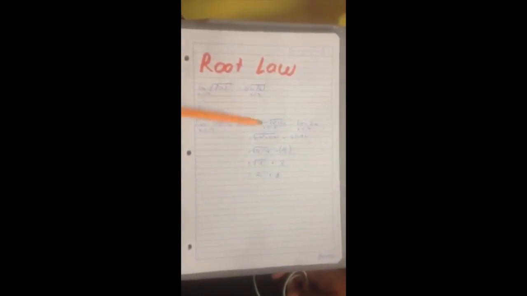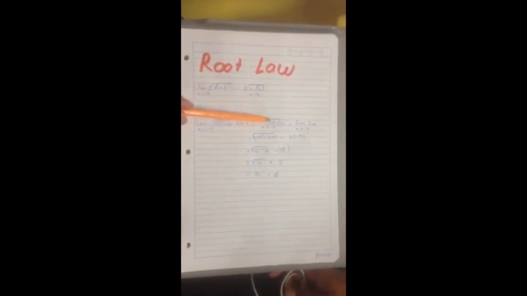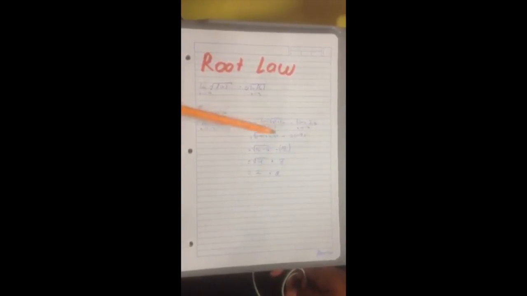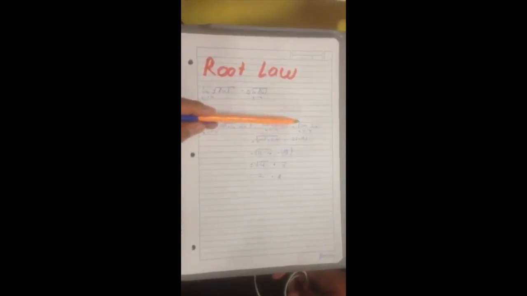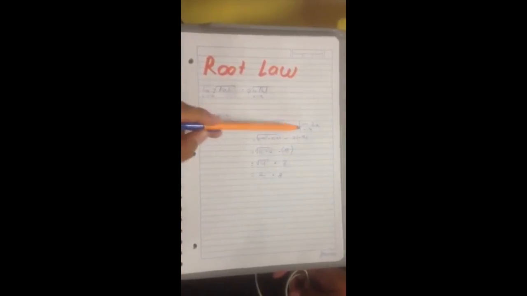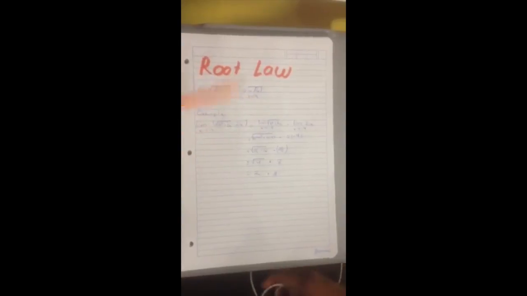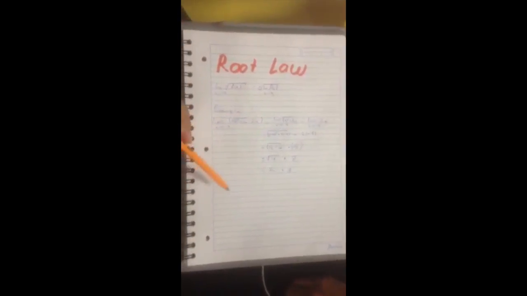It will be equal to the limit of the square root of x squared plus 3x when x approaches negative 4 minus the limit of 2x when x approaches negative 4, according to the law that we are talking about.